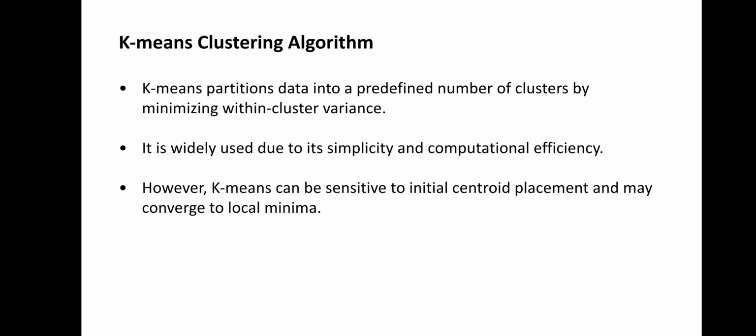And then let's see what the k-means clustering algorithm is. K-means partitions data into a predefined number of clusters by minimizing within-cluster variance. It is widely used due to its simplicity and computational efficiency. However, k-means can be sensitive to initial centroid placement and may converge to local minima.